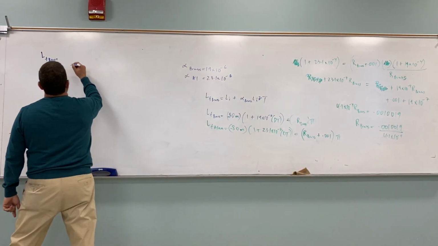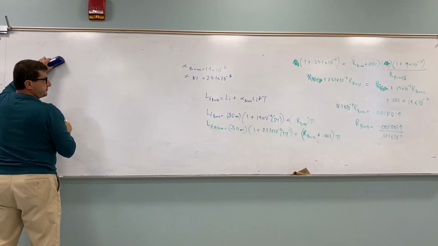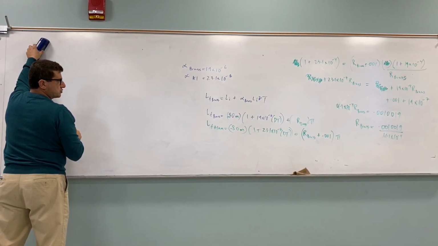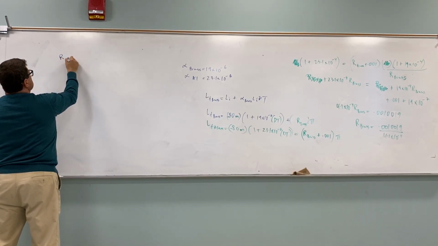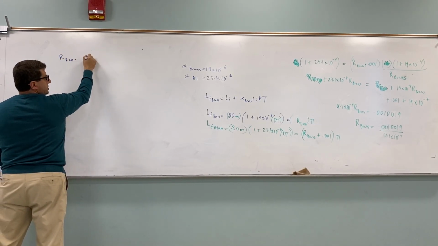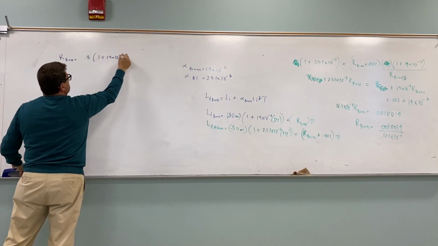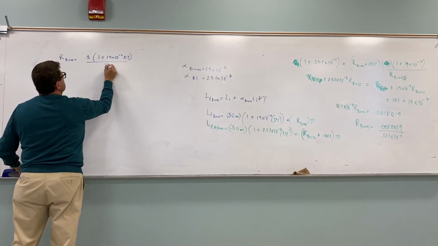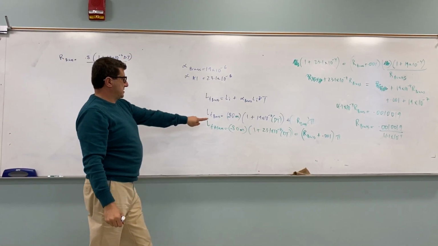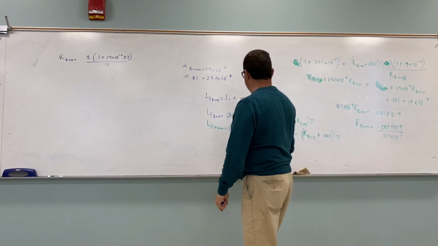So you could say R brass is 0.8, 1 plus 19 times 10 to the minus 6 delta T over pi, right, from this top equation. And then substitute it into the bottom equation.